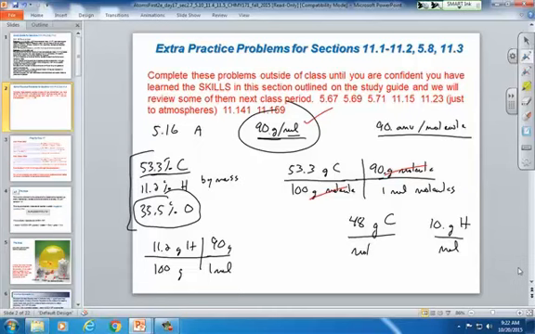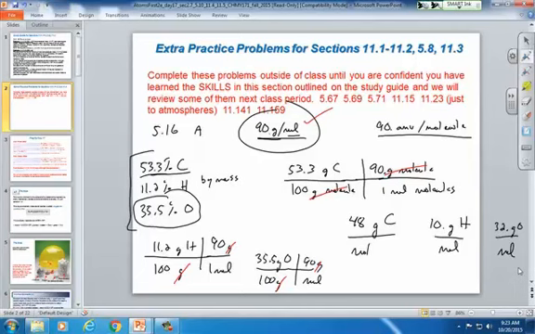And then I do the same thing for the oxygen, 35.5 grams of oxygen for every 100 total grams, times 90 grams per mole. So again, the grams here of the molecule are canceling. So I know that I have 35.5 divided by 100 times 90 gives me 32 grams of oxygen per mole.